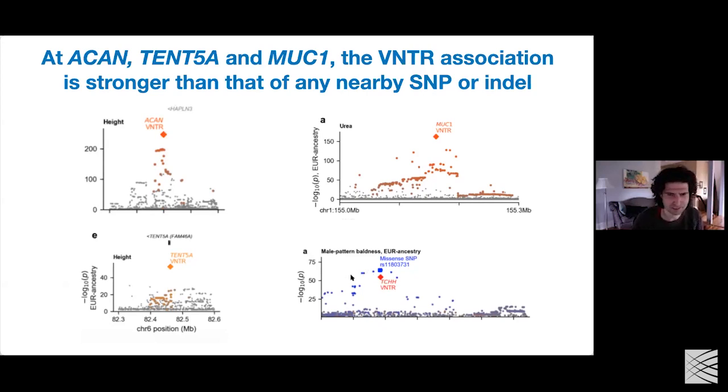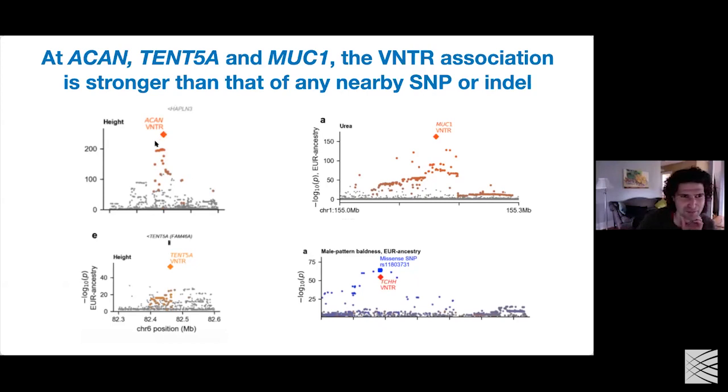So there's a question in the chat by Yossi. He asked, what percent of the variance is explained by these variants? Good question. Take it with a grain of salt because I'm recalling them from memory.